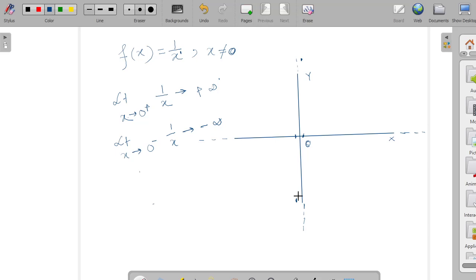Moreover, if I place in x equals 1, we could see that we have f(x) equals 1. So these are the key points.